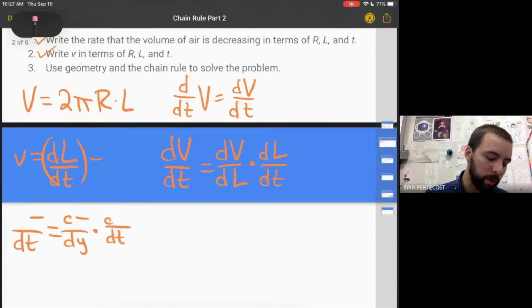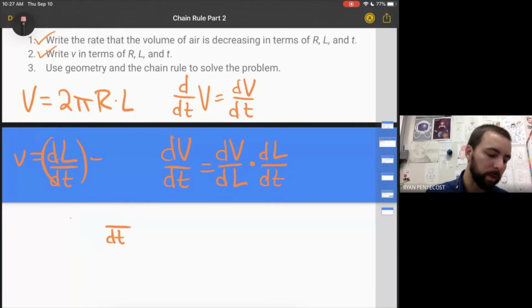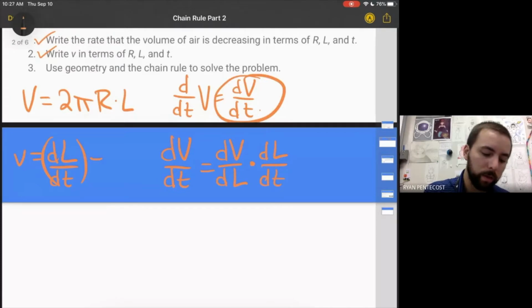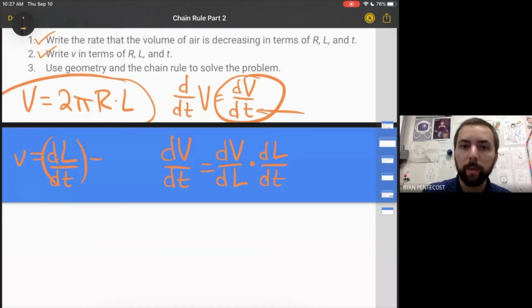Because if we just took the derivative of that volume function with respect to time, we would run into a problem, because this is what we want, but there is no time in this equation here. So you wouldn't be able to take the derivative.